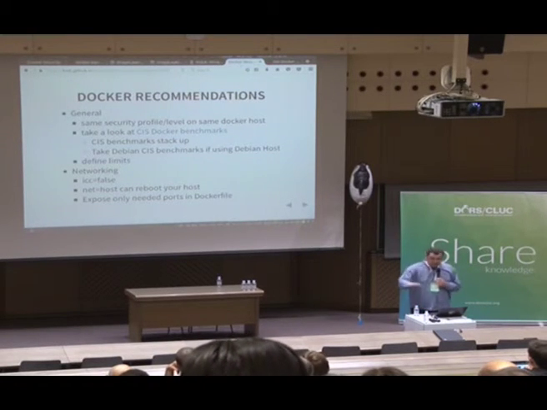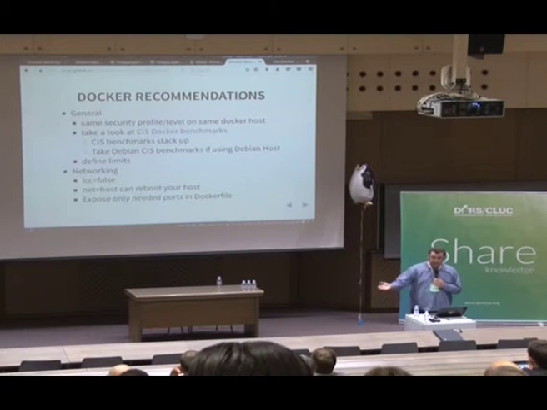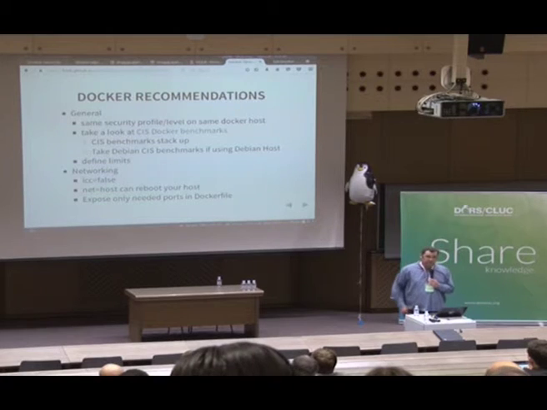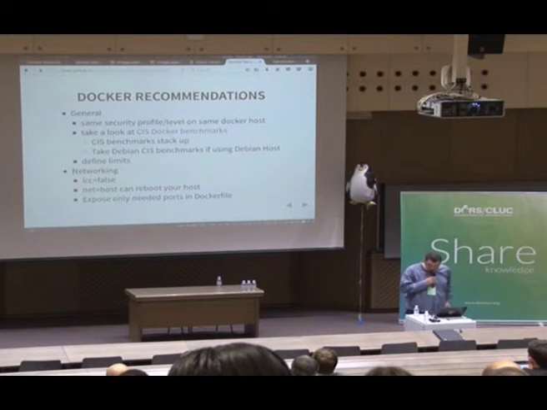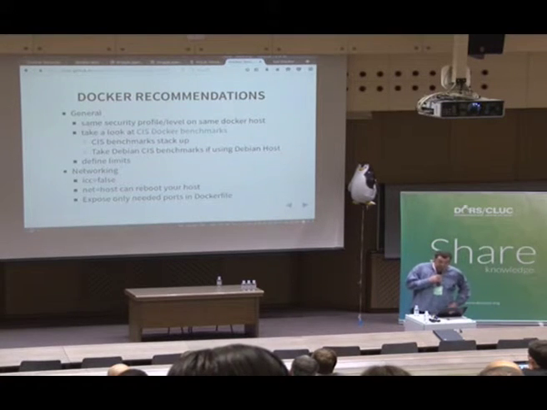If you have different security levels, and there is something I don't mind too much about getting owned, put it on a different Docker host, right? And there is a very good CIS Docker benchmark, which is available at CIS Security, which helps with how to harden Docker itself.